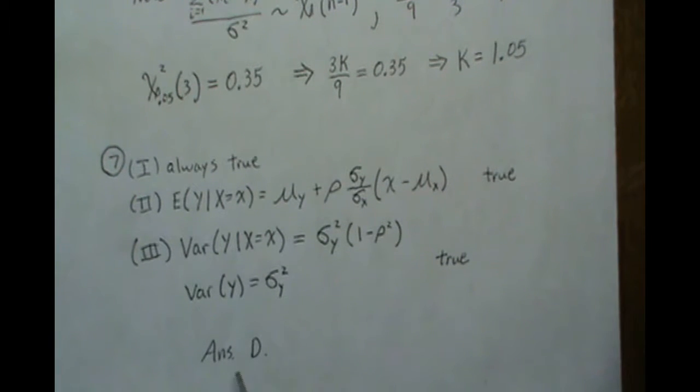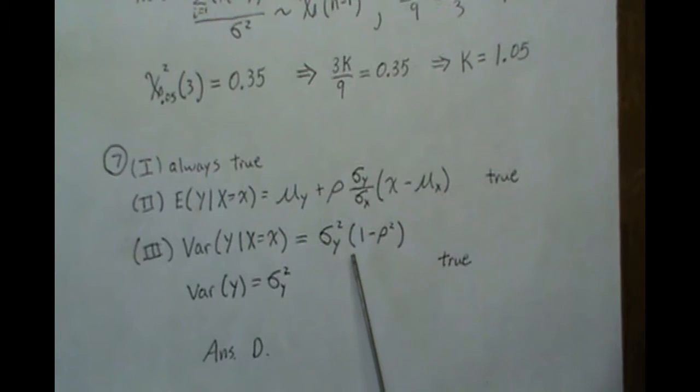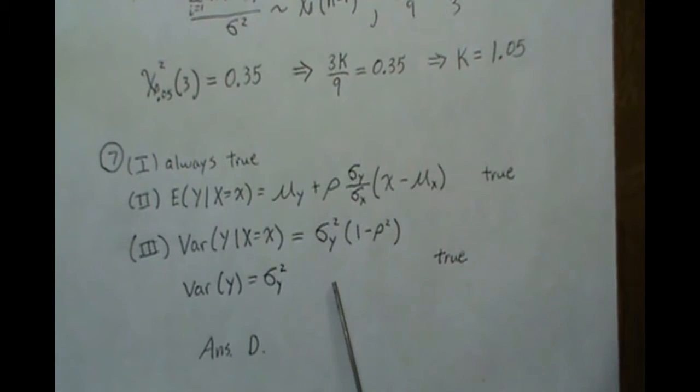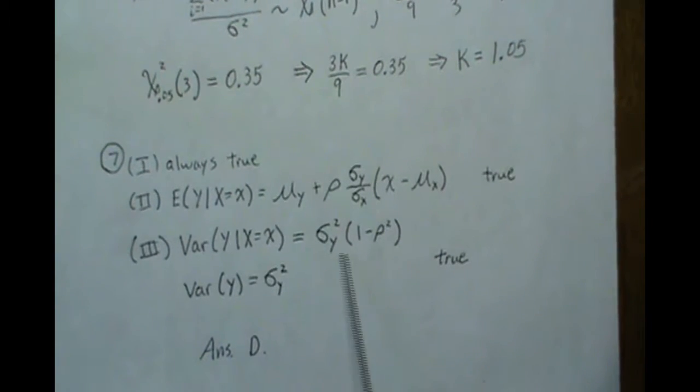And number 3, the variance of this conditional is this, and these two go hand in hand. You just almost have to memorize those for the test. We could go through and prove it, but I think you won't have enough time on the test to do that. You should just memorize it.